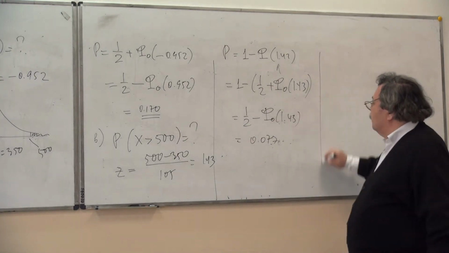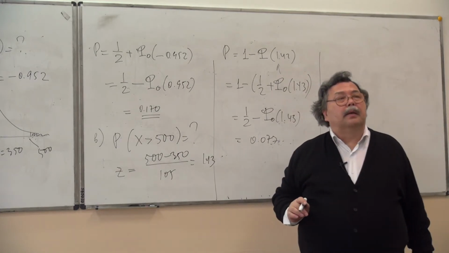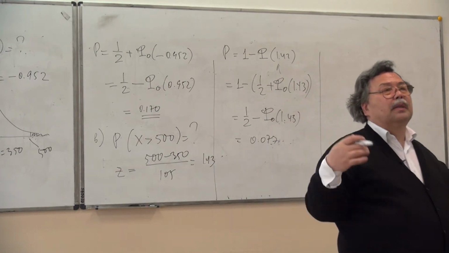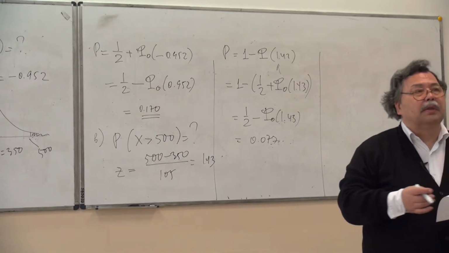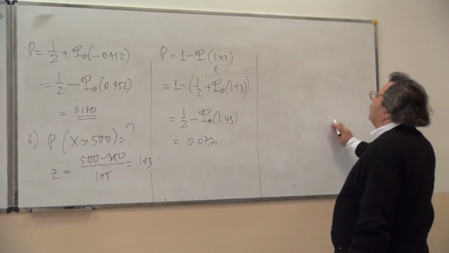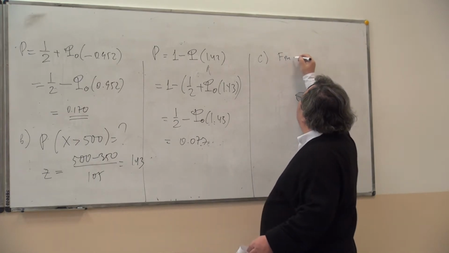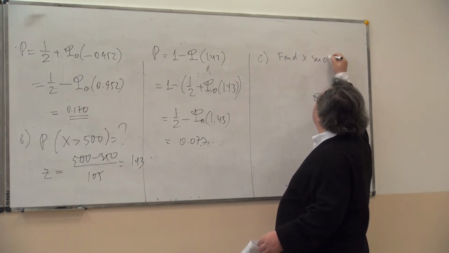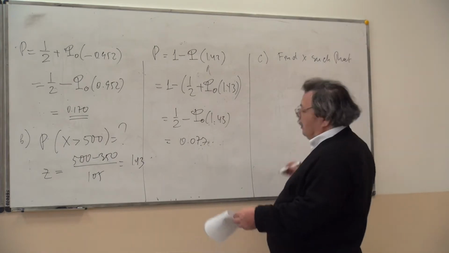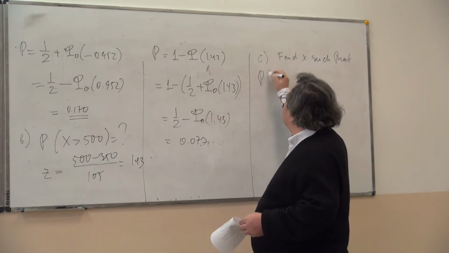Let's ask another question. Here we are going to use the same table in reverse. And the question is this: find x such that, and this is what we want.